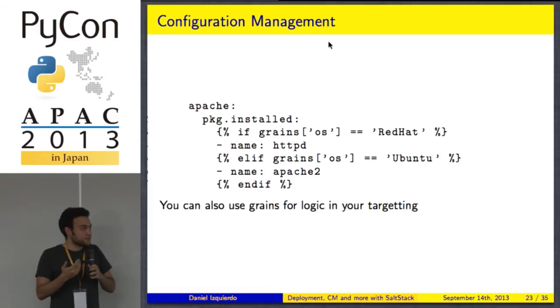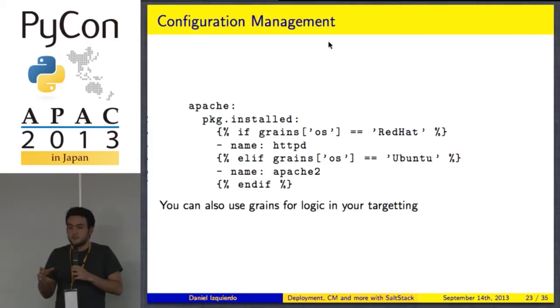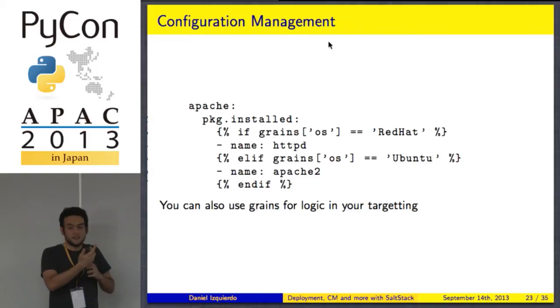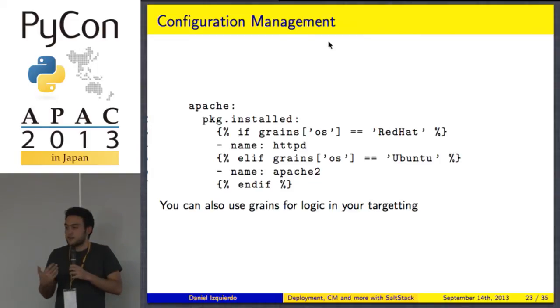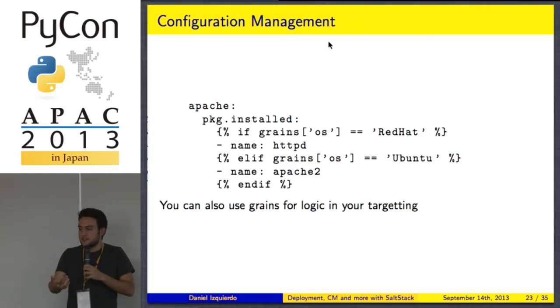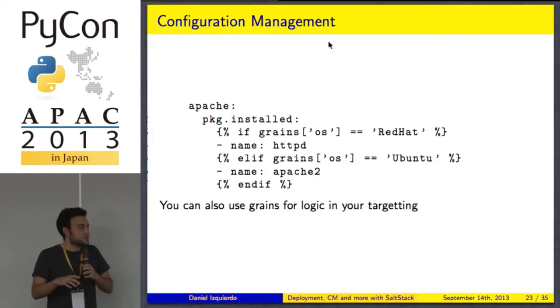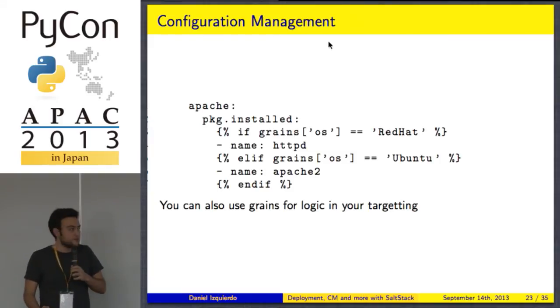How does this information magically appear? Basically, Salt has a large number of built-in grains that you can already access. So if you were to write this in your configuration file, it will already work out of the box. But this system is also extensible. So you could write your custom grains to determine and to provide static information at the time that a Salt state is being applied at a machine, and then do logic to determine what needs to be installed or what needs to be configured.